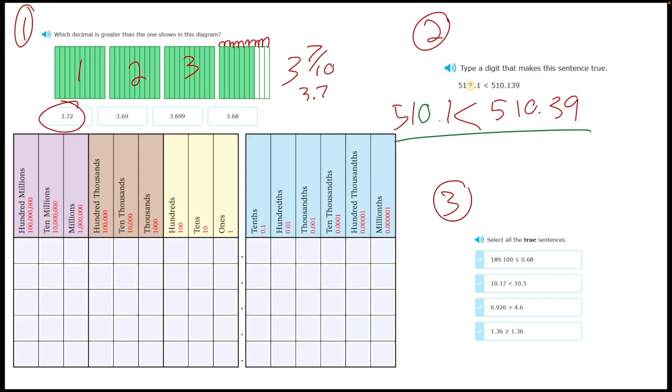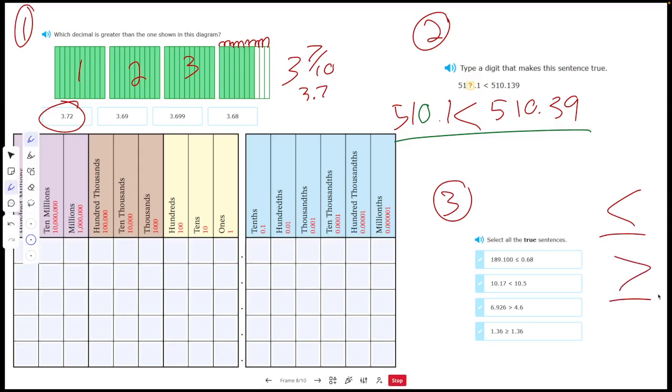Oh, this symbol, when they have the line written underneath the inequality, the way you read that is this would be less than or equal to, okay? And this means greater than or equal to. So for example, looking at this last answer, 1.36 is greater than or equal to 1.36. Is that a true sentence?